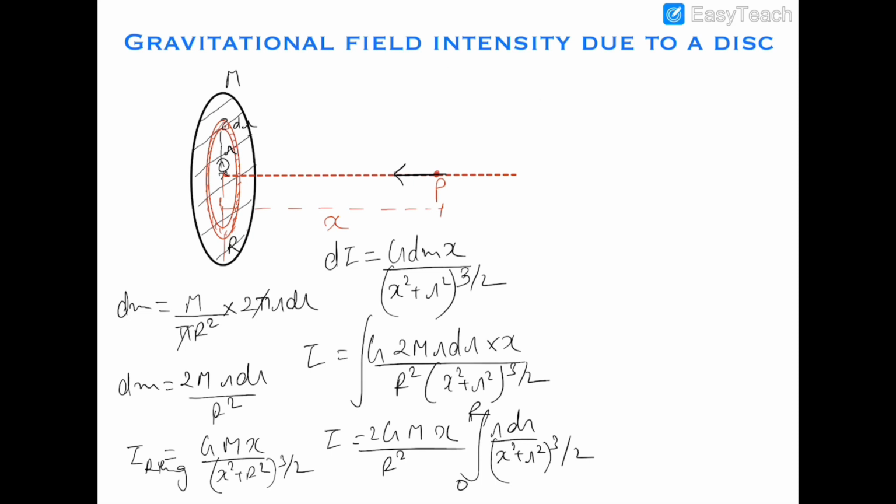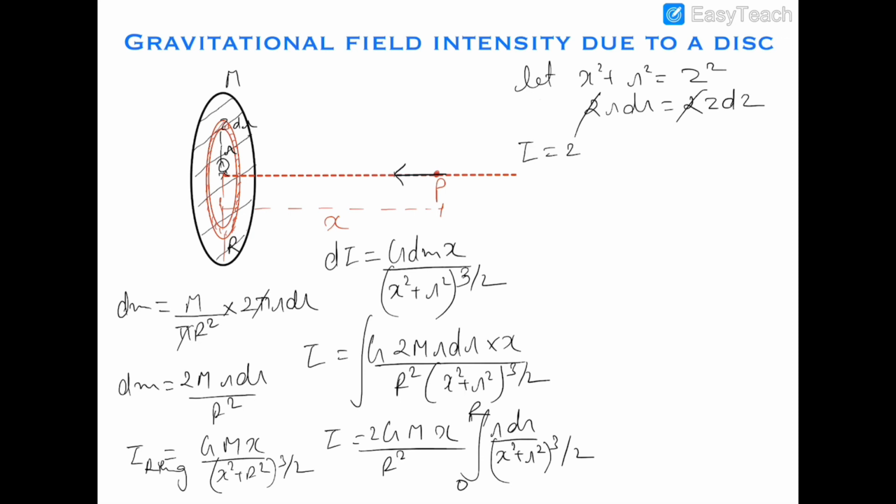To integrate this expression, we need to consider that x square plus r square is equal to z square. So 2r dr is equal to 2z dz. Cancelling this 2 with 2, let us substitute these values.